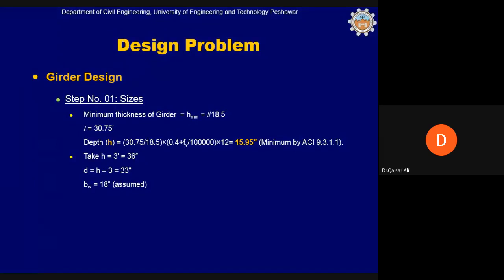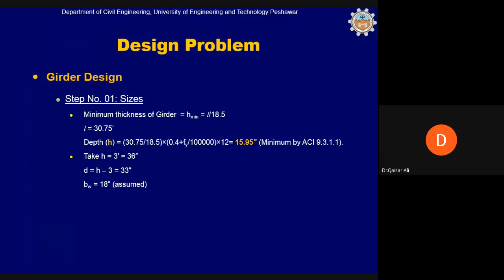We are also assuming a wider girder as compared to the beam, because the width of the beam was 12 inch and the width of the girder is being taken as 18 inch.